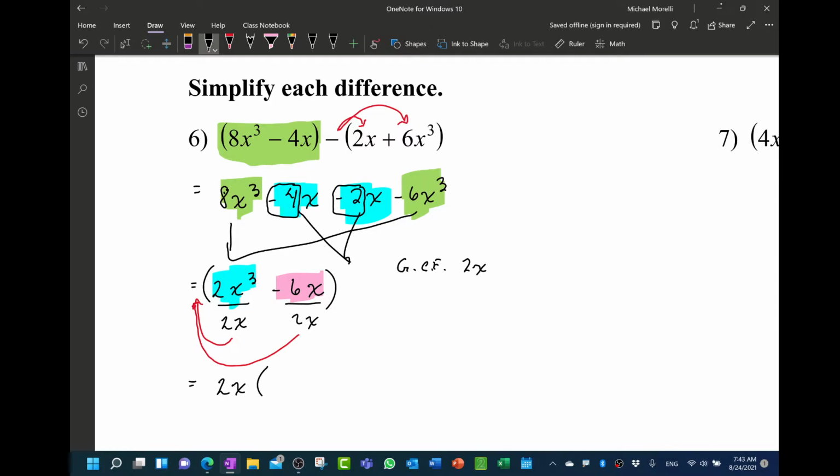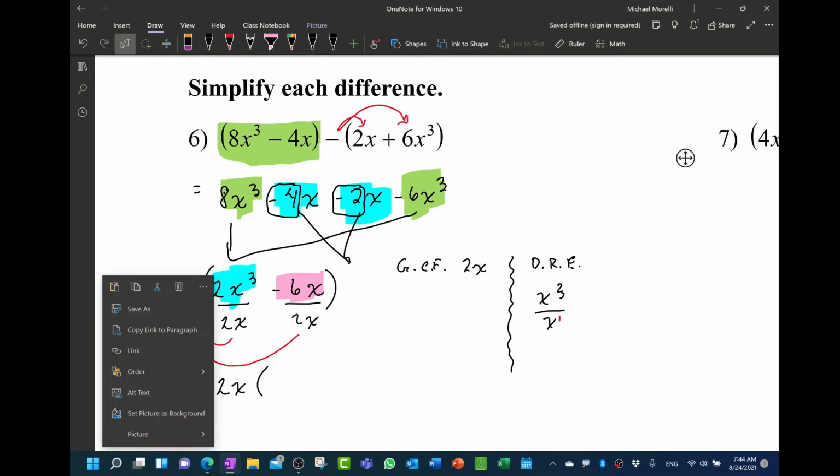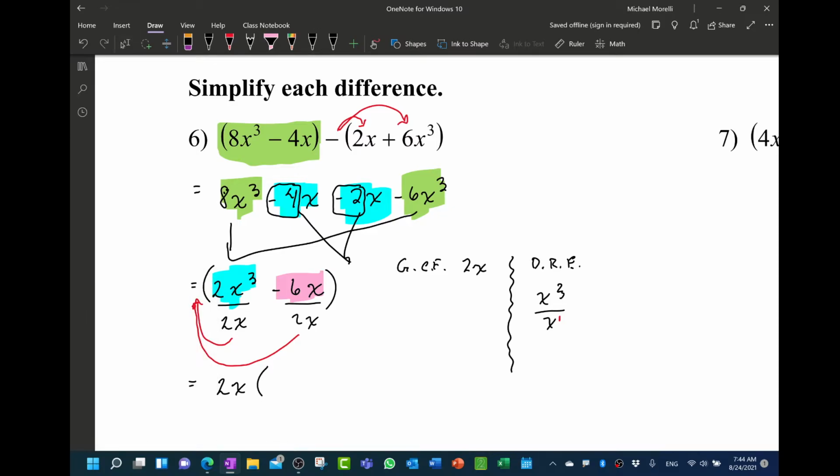2x, open parentheses. And now let's remember over in side work the division rule for exponents. If I've got x cubed over x, you have to remember that that x has an exponent of 1. It's understood to have an exponent of 1.